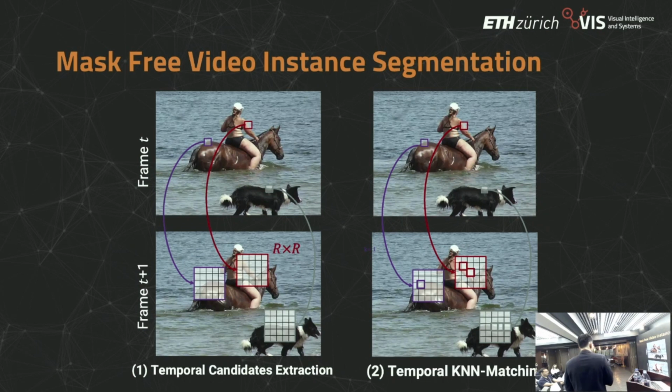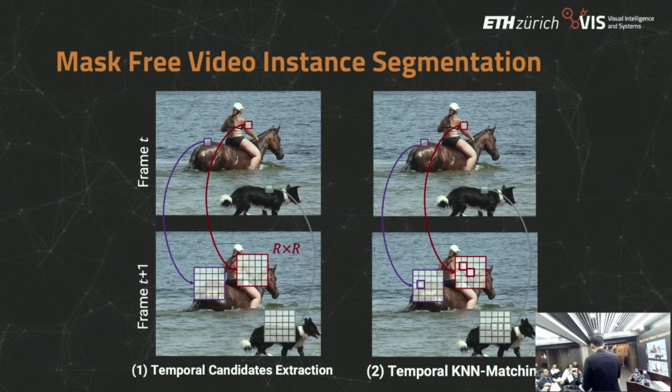Therefore, instead of relying on optical flow, we do a very simple method. We assume that for each patch, it won't move far in the next frame. Let's assume that it's within this 5x5 range. Then within this range, we find the top K similar patches, or find the patch correspondence satisfying certain constraints.